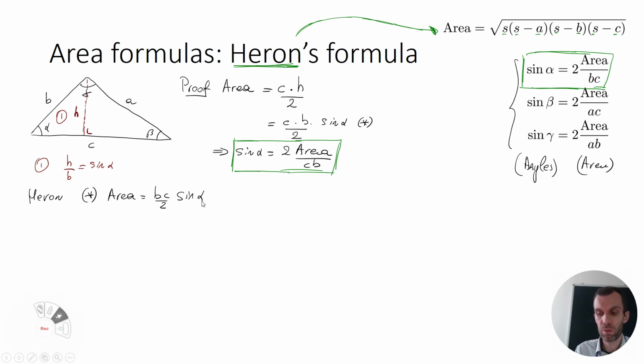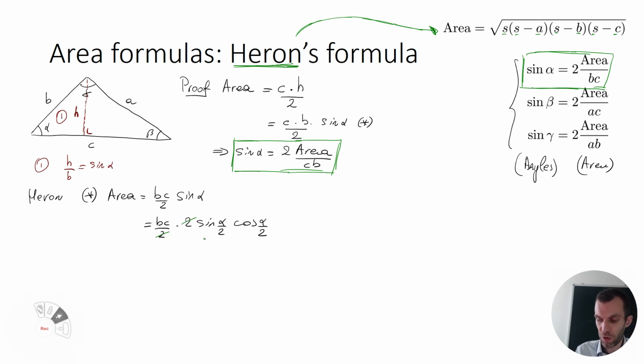Now I'm going to do something that looks a bit strange. I'm going to write that sine alpha as 2 times sine alpha over 2 cosine alpha over 2. So I get bc over 2 times 2 sine alpha over 2 cosine alpha over 2. I see that these factors cancel.